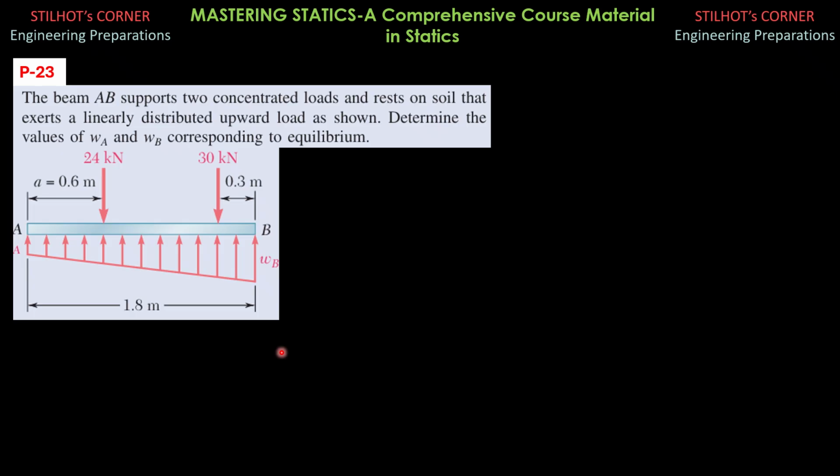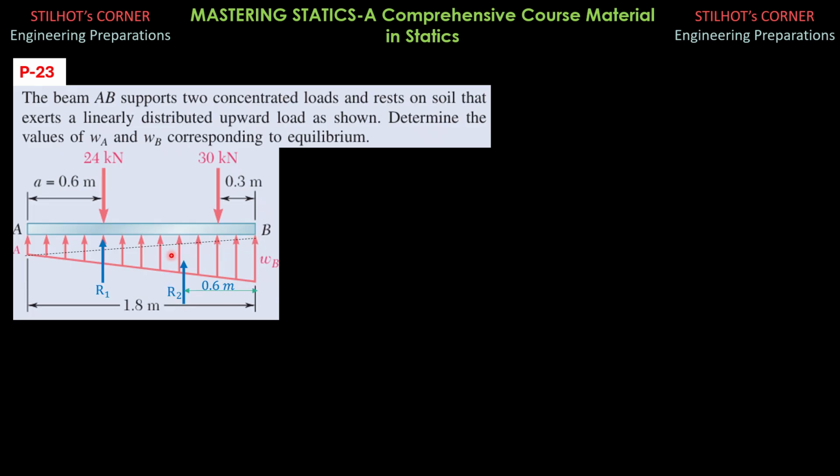So again, this is a problem on equilibrium, that is summation of forces along y is 0 and summation of moment about any point is 0. So I'll divide this pressure intensity or trapezoidal line load diagram into two triangular line load diagrams as shown. So this is now the division, and I'll call this R1 for the area of this small upper triangle, and for this lower bigger triangle as R2.